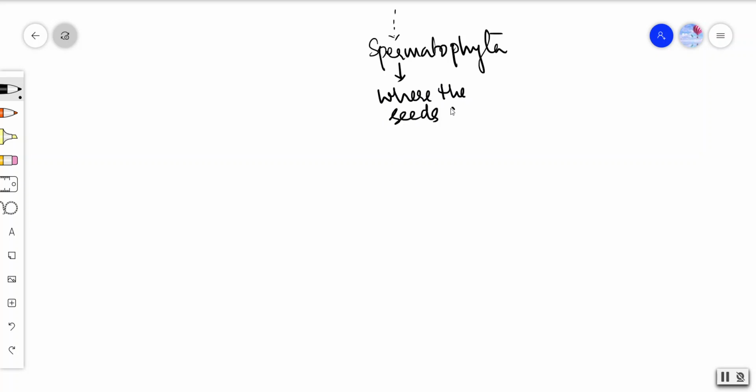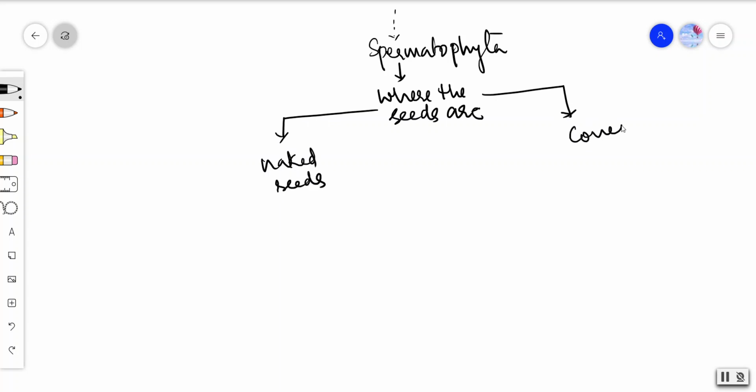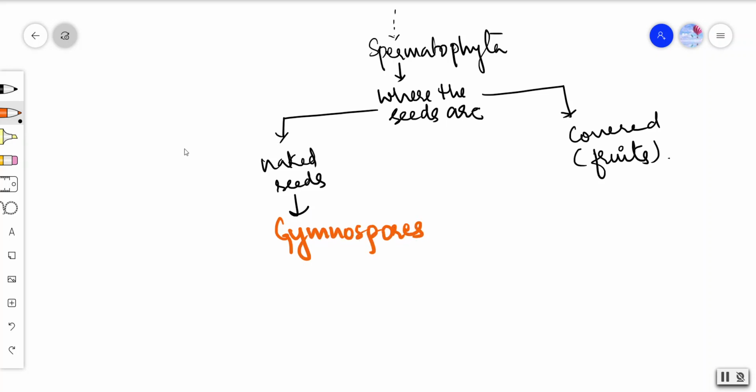Where the seeds are means they are naked or covered. So that can be naked seeds, covered under fruits. Naked seeds are present in gymnosperms.